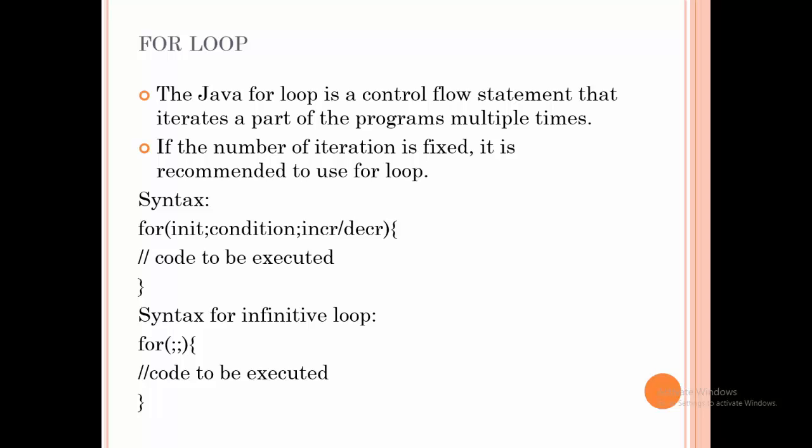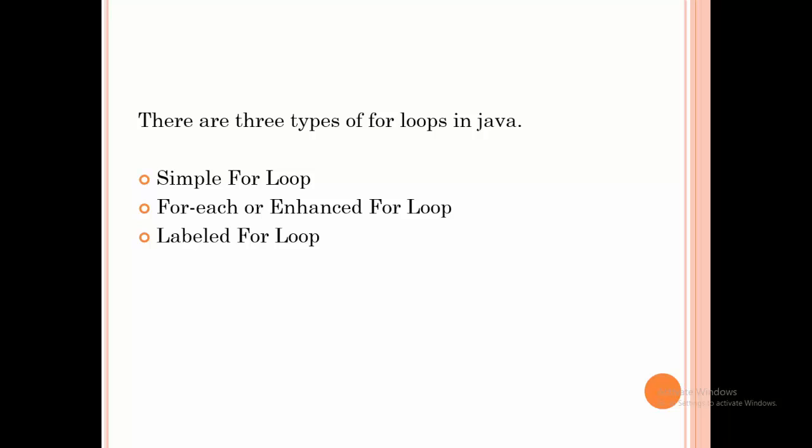If we use this code in the program, then that particular part of the program will get executed as an infinite loop. And there are three types of for loops in Java: simple for loop, enhanced one, and a labeled one.